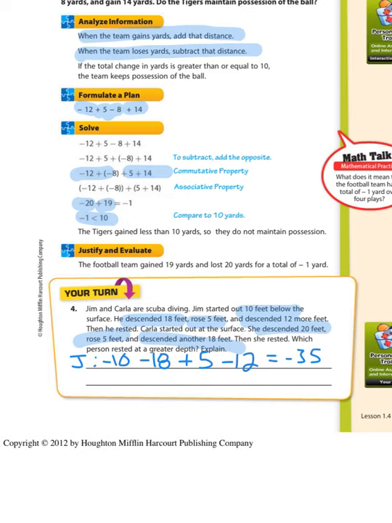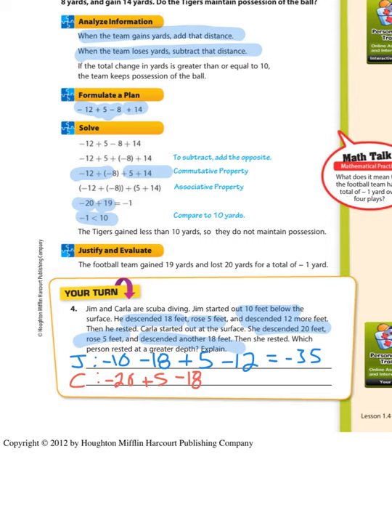All right, then we're going to get another expression. I switched colors so you can see it here for Carla. Carla starts out at the surface, or she starts at 0. Then she descends 20 feet. We're going to represent that as a negative 20. And then rises 5 feet, and then descends another 18.